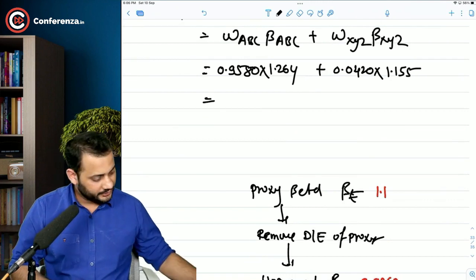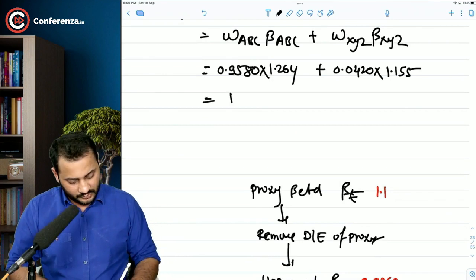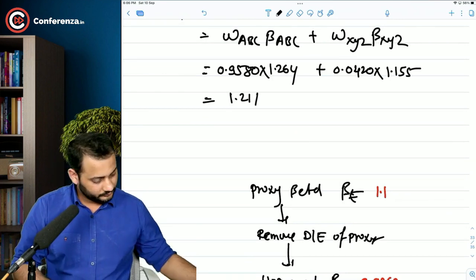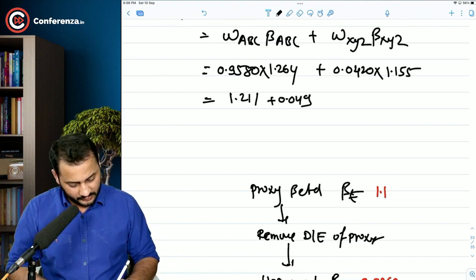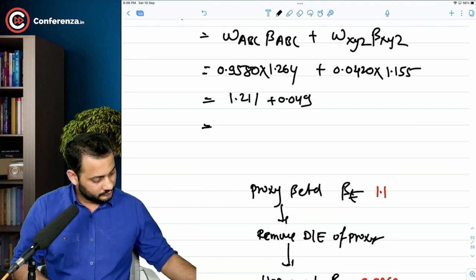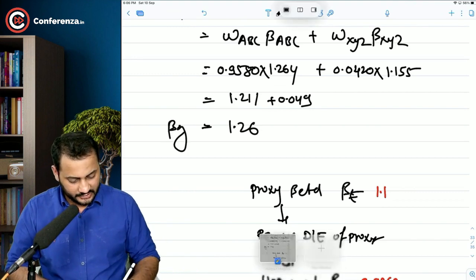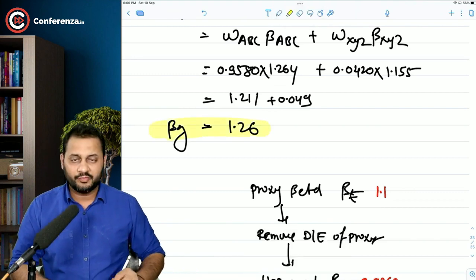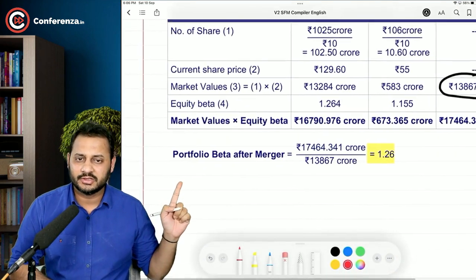Let's do the multiplication. 1.211 plus 0.049. 1.26 is my answer. This is the portfolio beta of the combined entity. See, 1.26 is the answer.